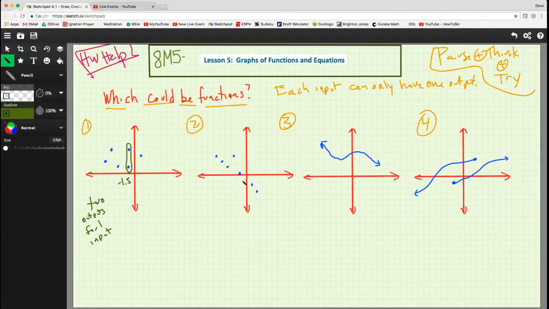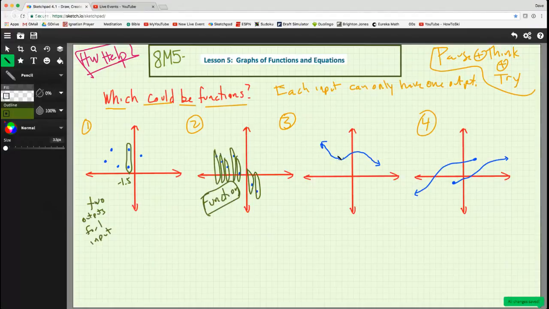How about here? Well, this is a function. This could be a function because for each x, there's only one output.